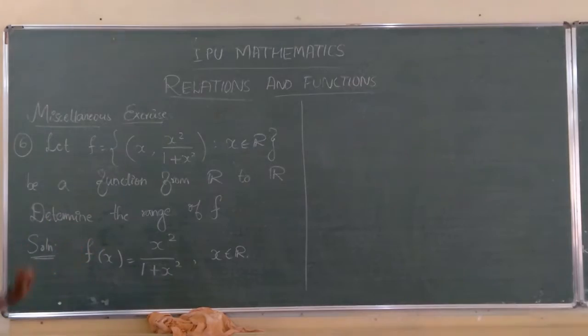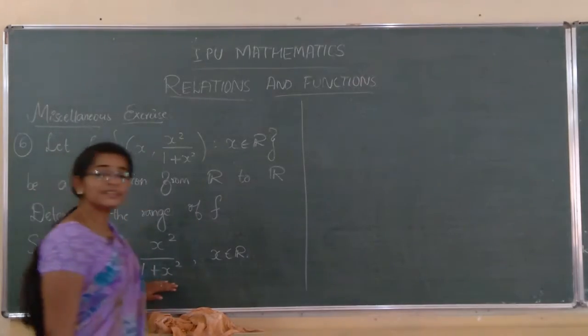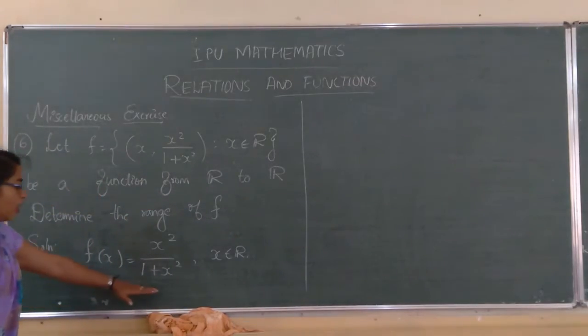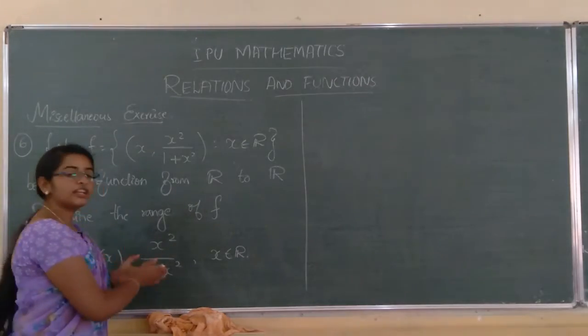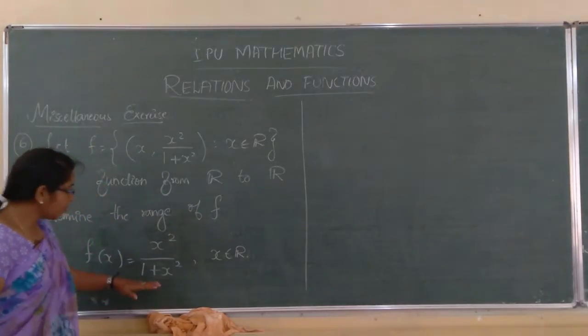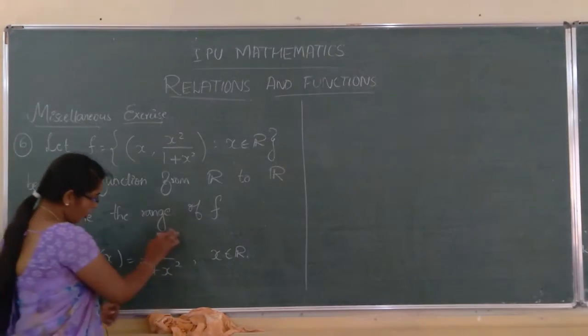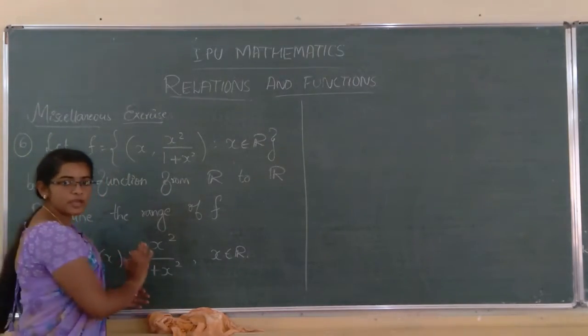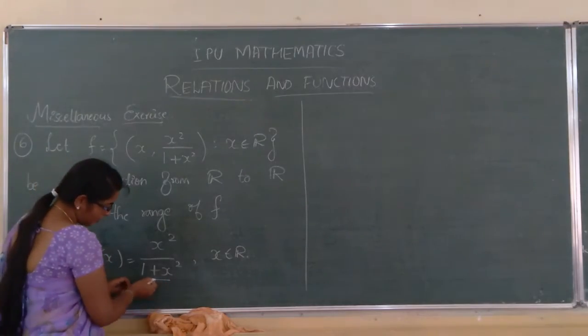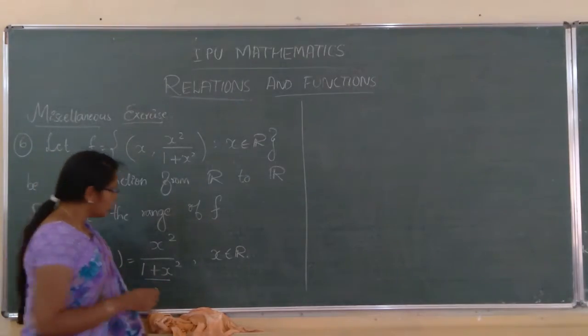See, first look at the domain of the function. What is the domain? Domain is the set of all x for which the function is well defined. When can you say that the function is well defined here? This whole thing should be well defined. How? The denominator should not be equal to 0. Look at the denominator.